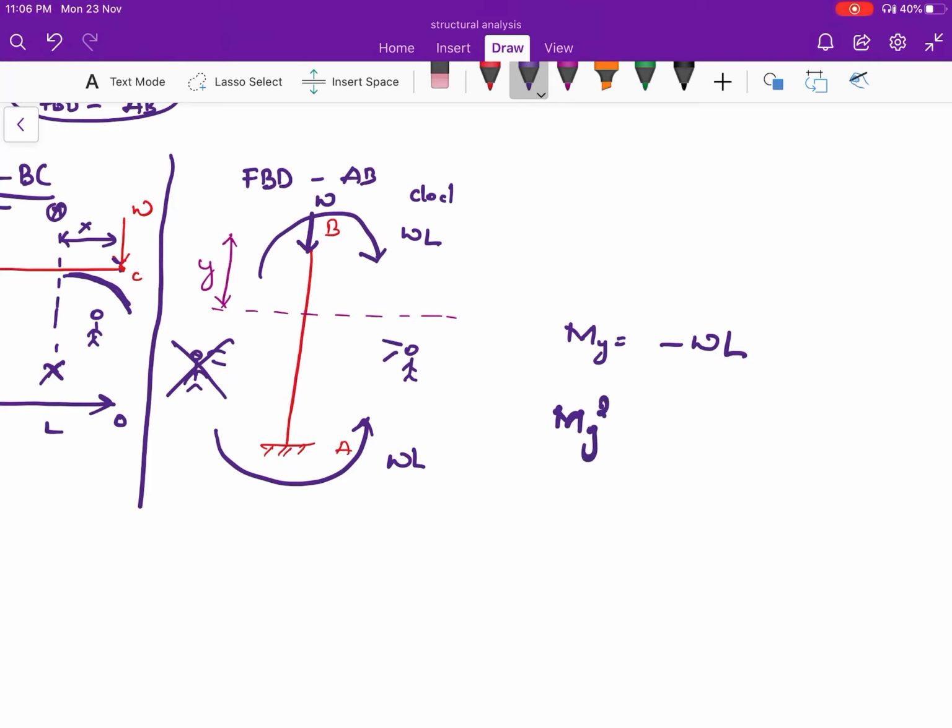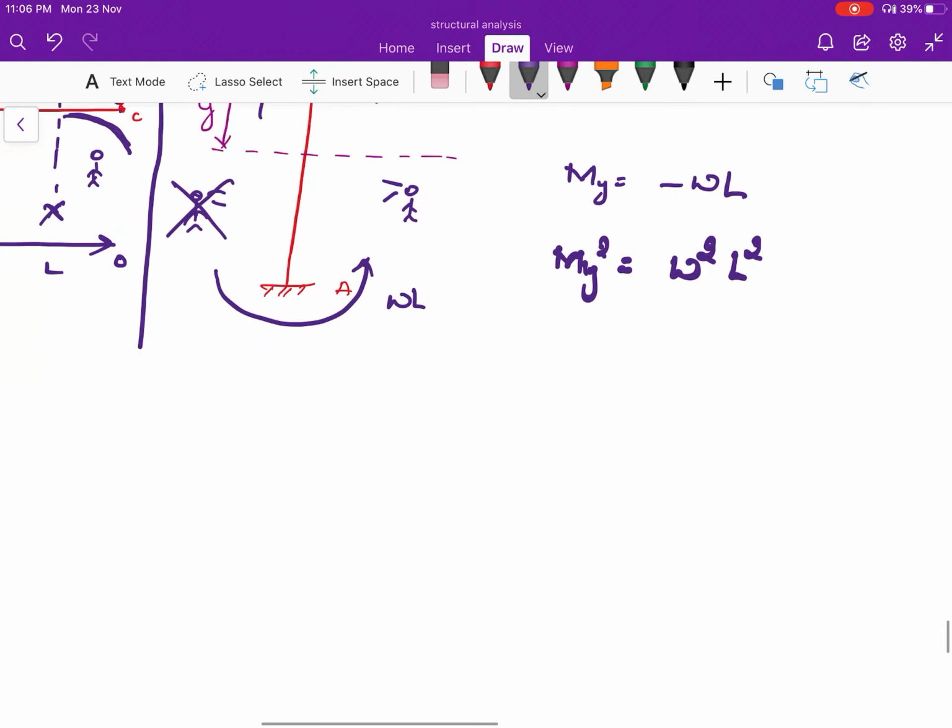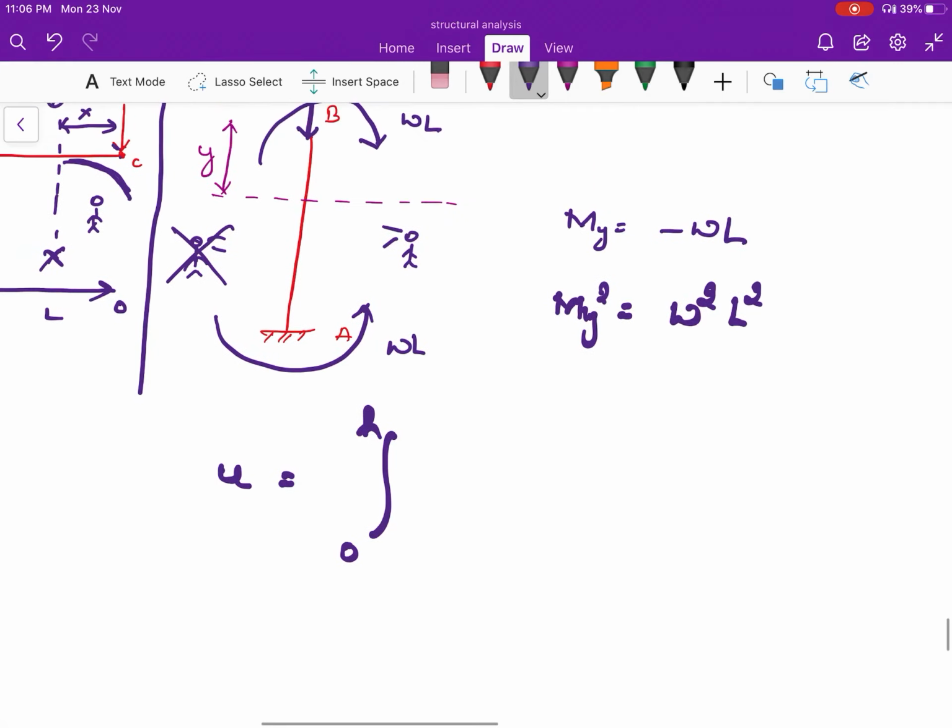So M square will be equal to w square into L square. So strain energy U is equal to integral from 0 to h, because you can see this height is given in the question as h.